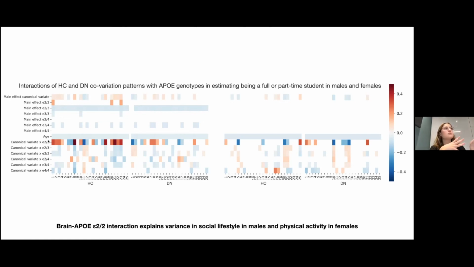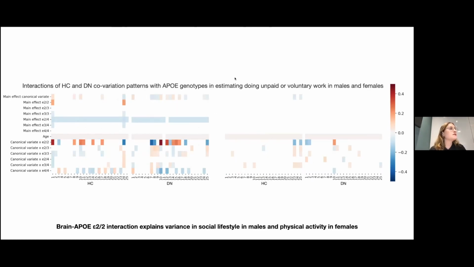It could be attributable to cognitive reserve, but what links this plot and this plot together, which is volunteering, would be the social aspect, because in volunteering there is maybe less cognitive activity. So what could link these different patterns of interaction together would be this social factor that is closely tied to the default network function.